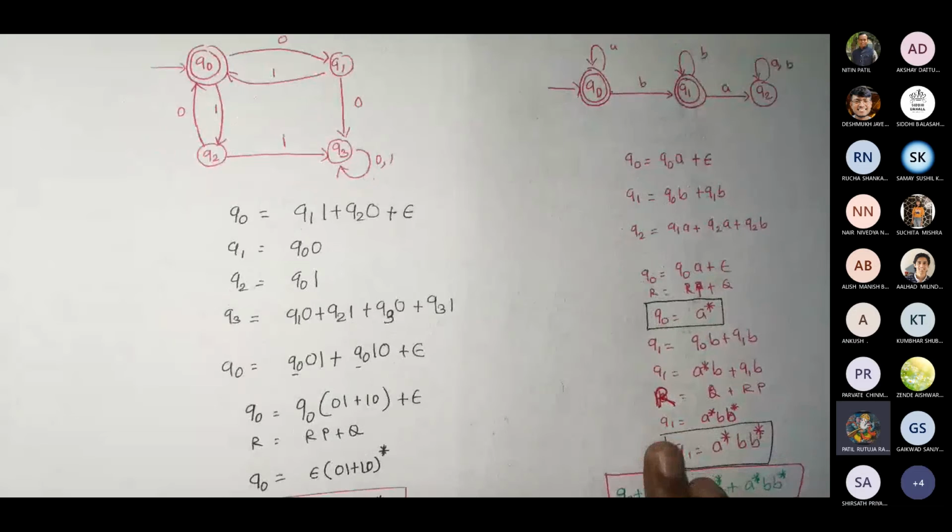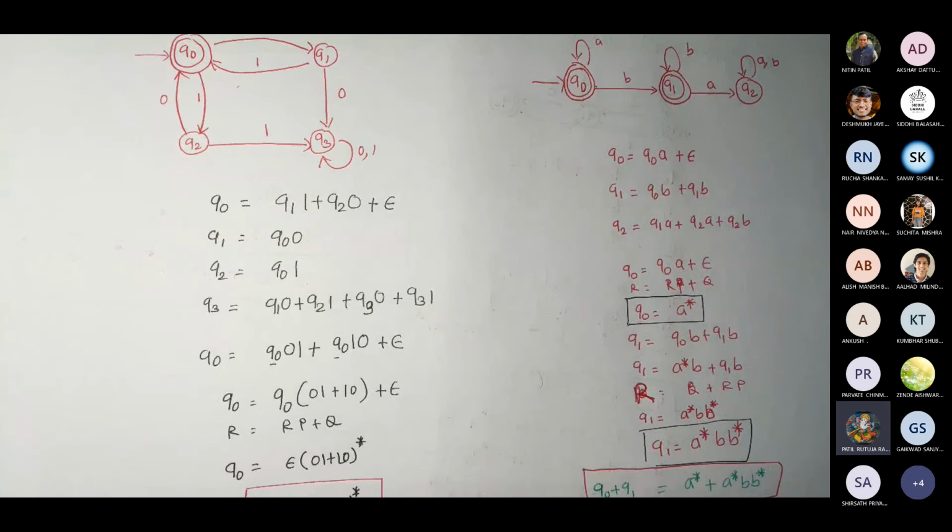Sorry, I wrote Q here. It should be R. Yes. Okay, go on. So for Q1 we get A star B star.